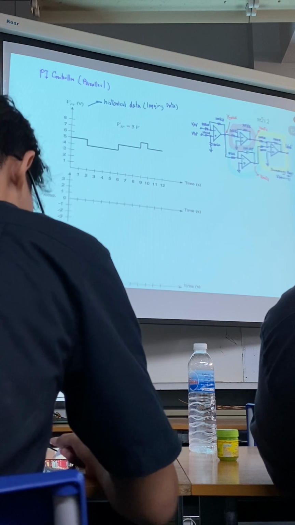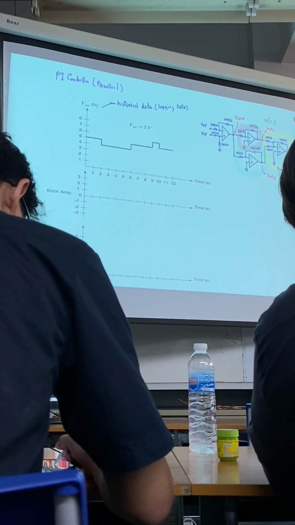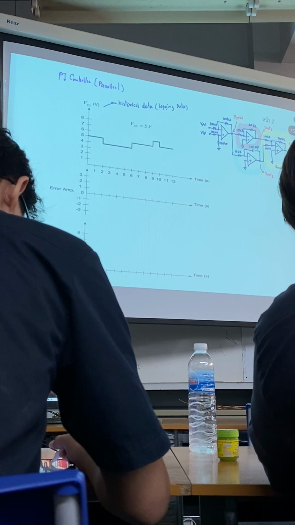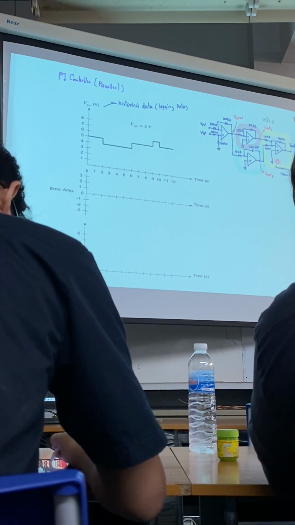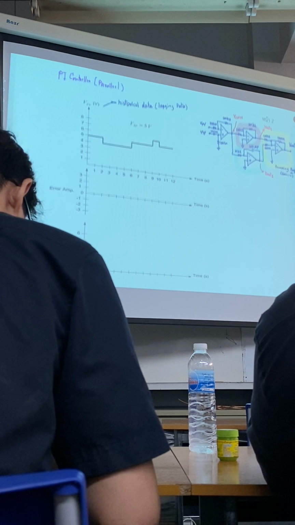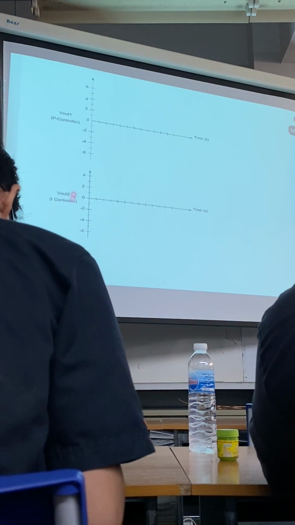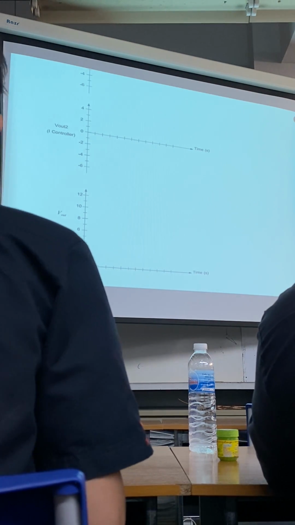Okay, we continue. With this circuit on the right side, you have to evaluate the output signals from each amplifier: V out 1, V out 2, and V out from the controller.